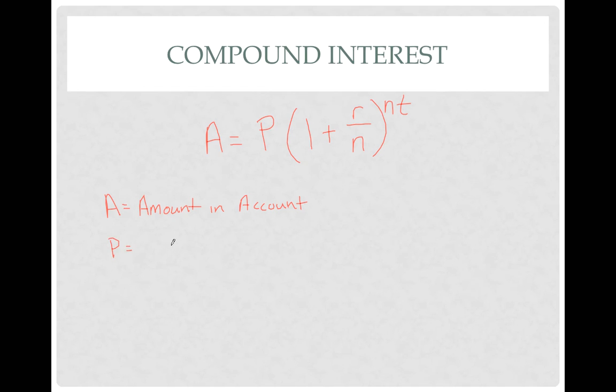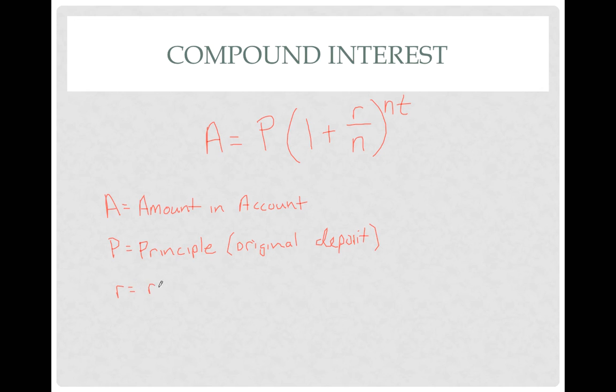P is called the principal, or we're going to call it the original deposit, or the amount invested.